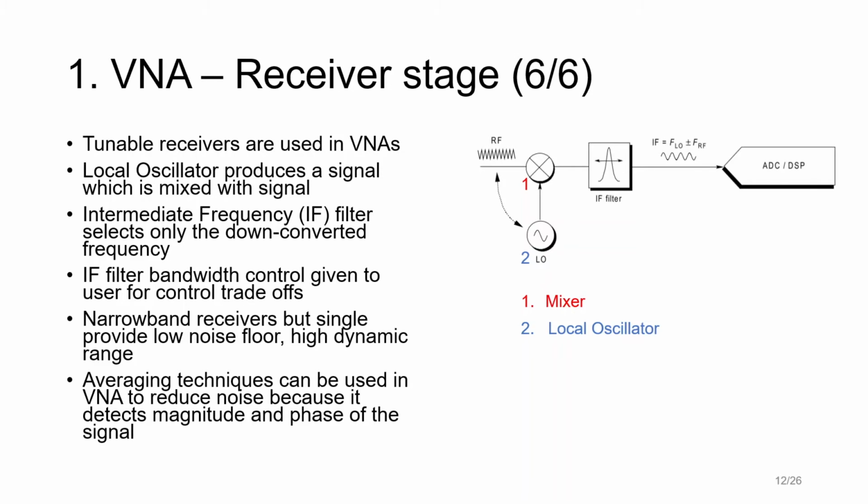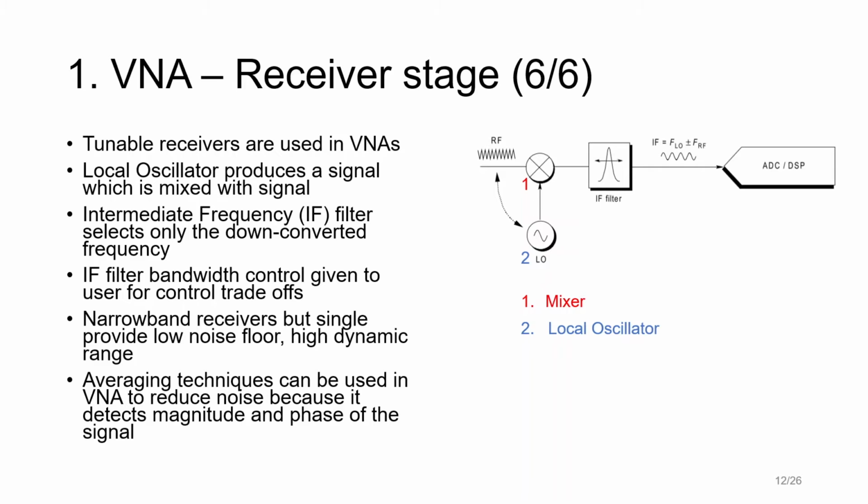The IF filter, which comes after the mixer, is essentially a bandpass filter of user-defined bandwidth, centered around the intermediate frequency. The purpose of having this bandpass filter is to reduce or remove all harmonics and spurious signals that come from the mixer and the harmonics which may have been generated by the source itself.